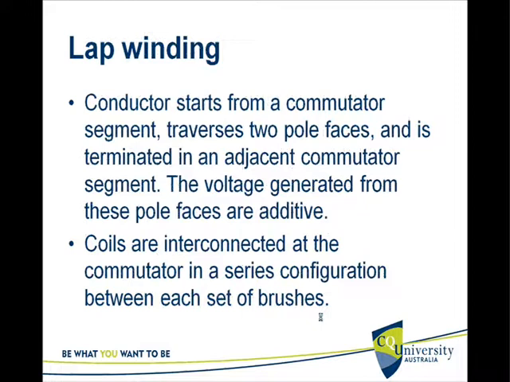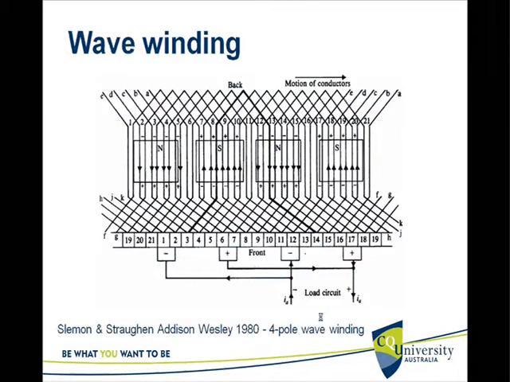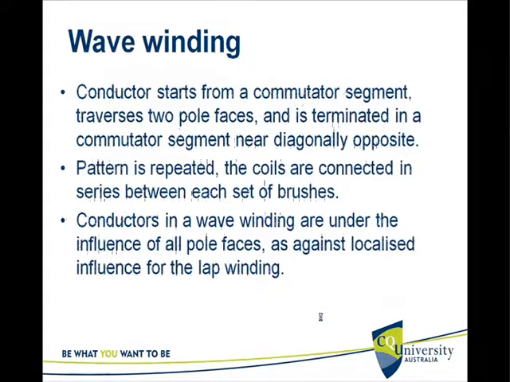So more about lap winding. A conductor starts from a commutator segment, traverses two pole faces, and is terminated in an adjacent commutator segment. The voltage generated from these pole faces is additive, so they add together. Coils are interconnected at the commutator in a series configuration between each set of brushes. So that's lap winding. What is wave winding? This is wave winding. It's complicated, you can have a look at it later.